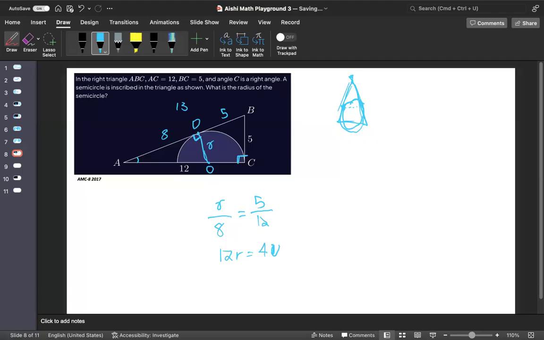And we need to find out R. So R is equal to 40 divided by 12, which is equal to 10 by 3. So that's the radius, which in decimals would be 3.333 and so on.